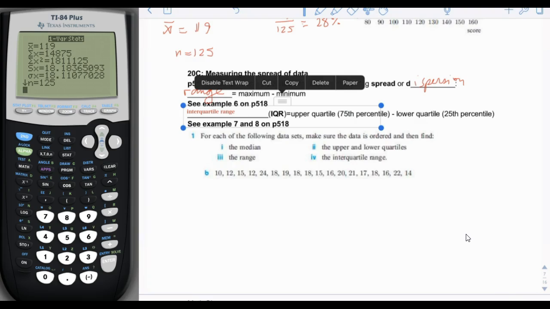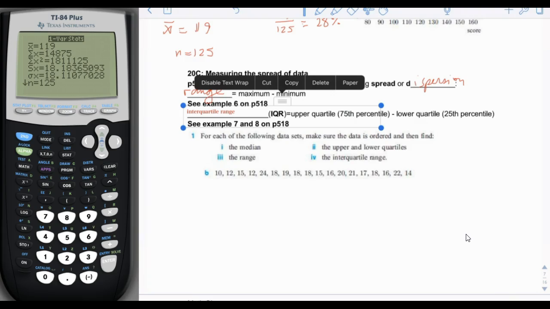Interquartile range is the, if you have 100 people, you would take the 25th person and the 75th person after you put all the samples in order, and then you would subtract them from each other. That would be the interquartile range. What's the difference between interquartile range and range? Well, in range, you take the first person and the 100th person, and you take their difference. In interquartile range, you're taking the 25th and the 75th person, so you're kind of taking the middle half of the people and finding the range of that.